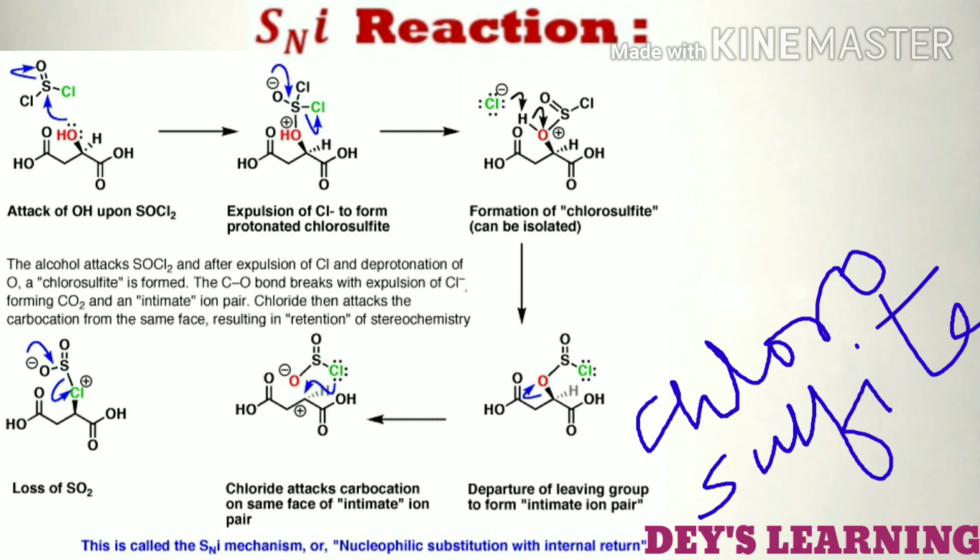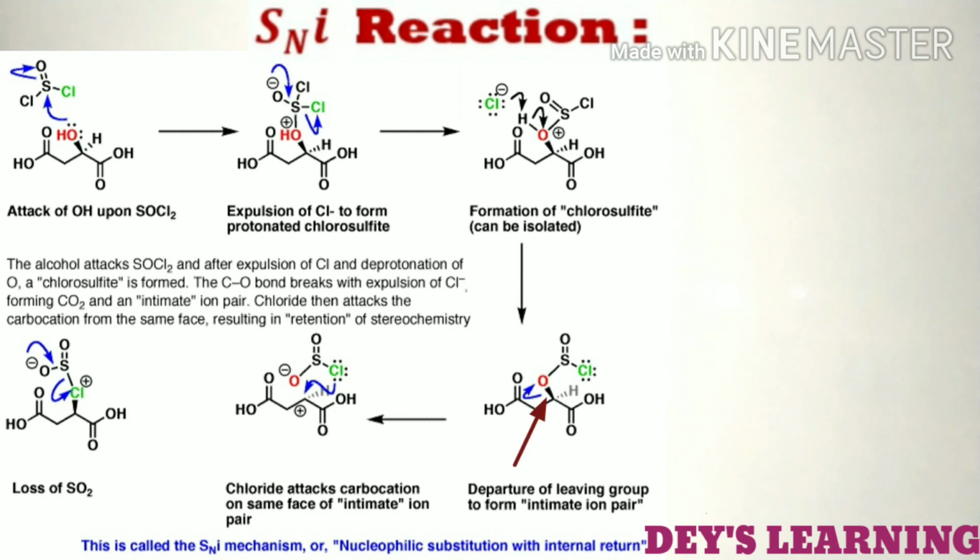This is known as nucleophilic substitution with internal return, or intramolecular nucleophilic substitution reaction. Because look at the reaction very carefully from here. This carbon-oxygen bond is cleaved and the Cl minus attacks from the same side.